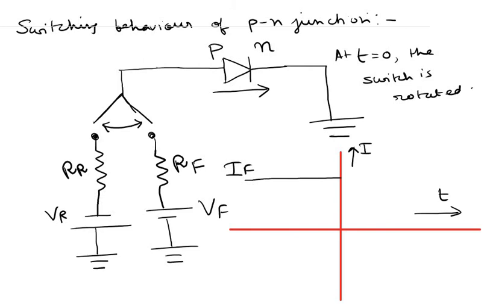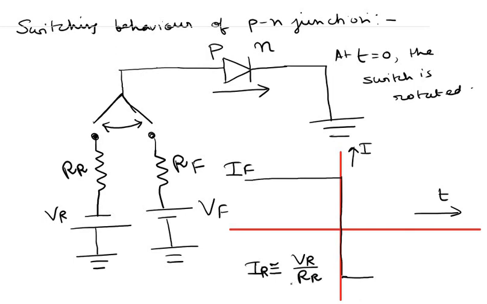So immediately when the switch is actually rotated and the diode is connected from voltage source VF to the voltage source VR, the current immediately does not go to 0, but the current actually reverses its direction, and this reverse current is given by IR approximately equal to VR divided by RR.